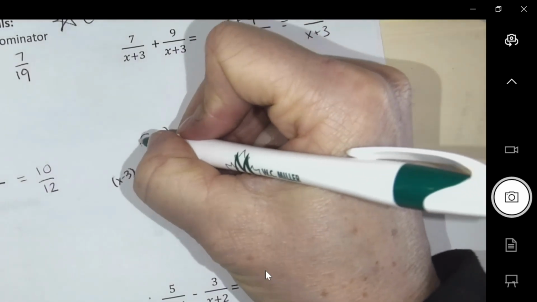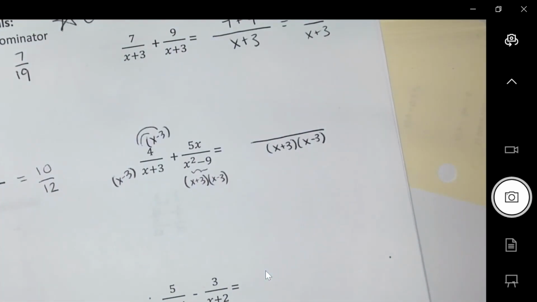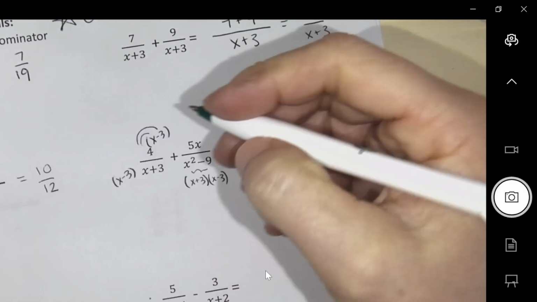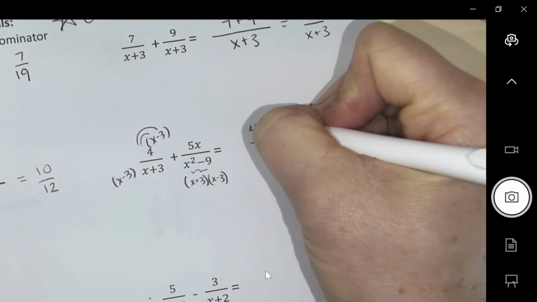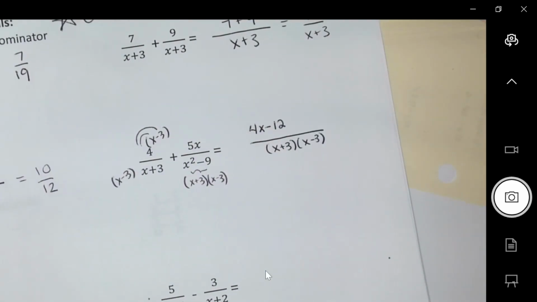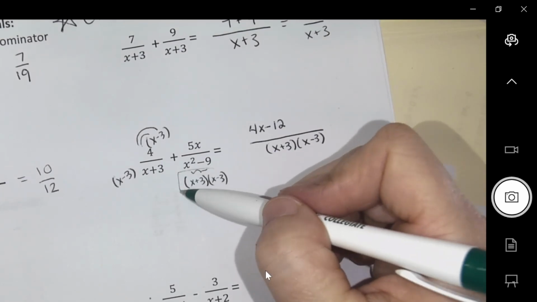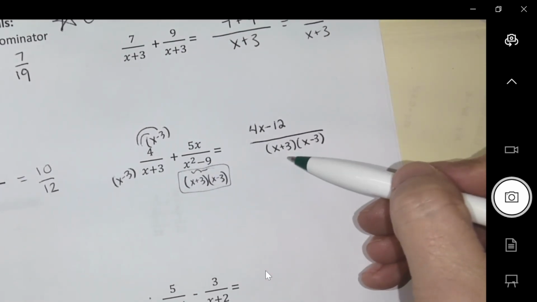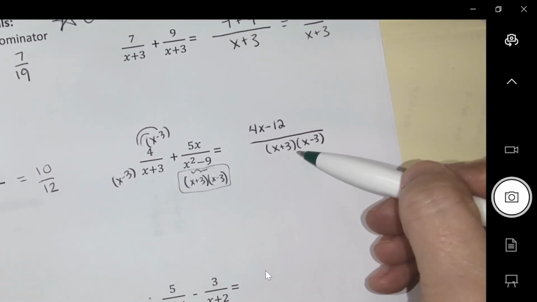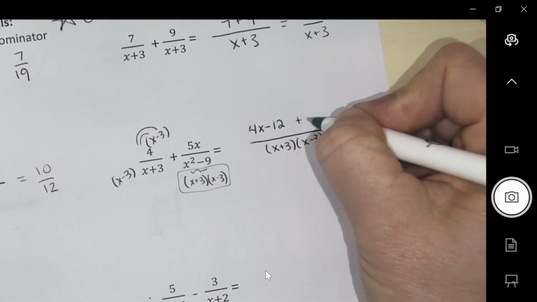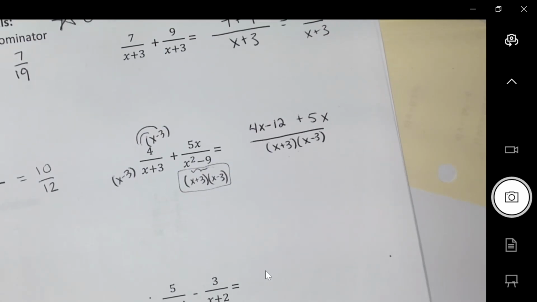So what happens when you multiply something like that? 4x subtract 12. Look at this bottom, look at this bottom. What did you do to it? Nothing. So you don't do anything to the top.